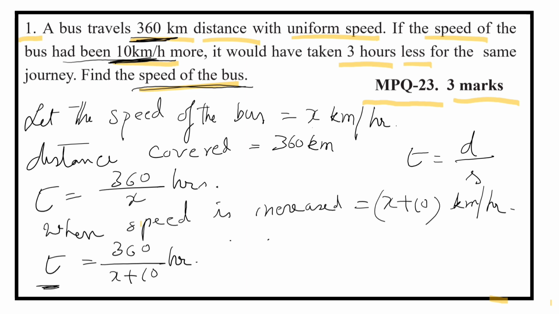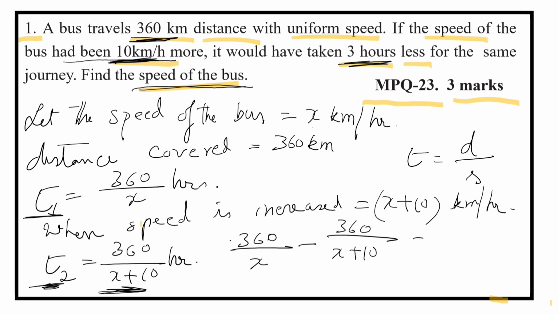The time taken during this period is 3 hours less. So we can form an equation. The difference between these two times, let this be t1 and this t2, is 3 hours. Okay, 360 by x minus 360 by x plus 10 is equal to 3.